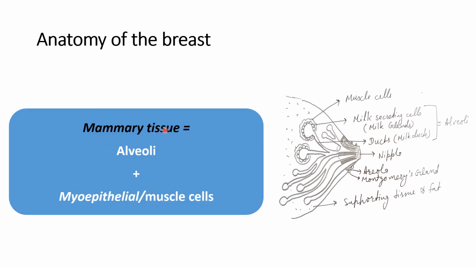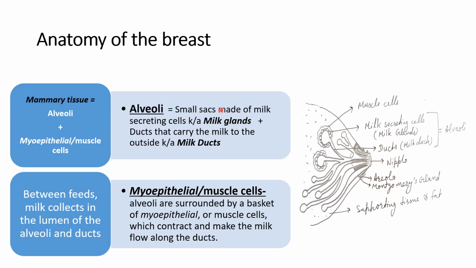So mammary tissue is alveoli plus the myoepithelial cells. In the alveoli, the milk gland plus milk ducts are both present. These are the milk glands. These small cells are the milk secreting cells where the milk is secreted, and this is the duct.